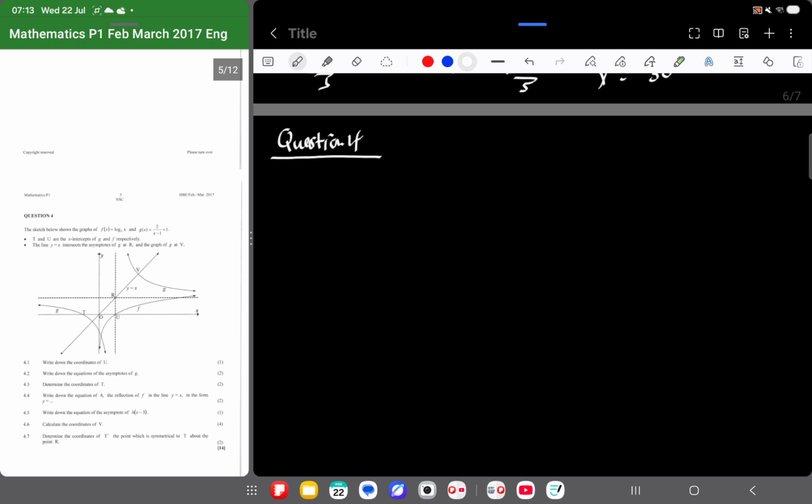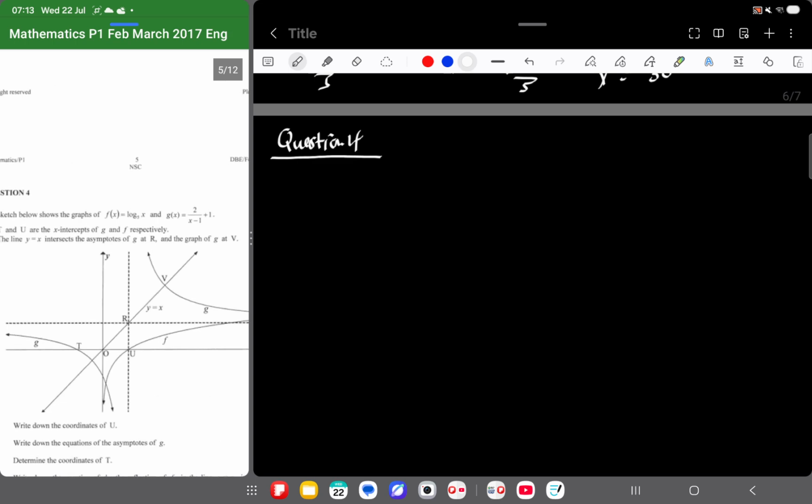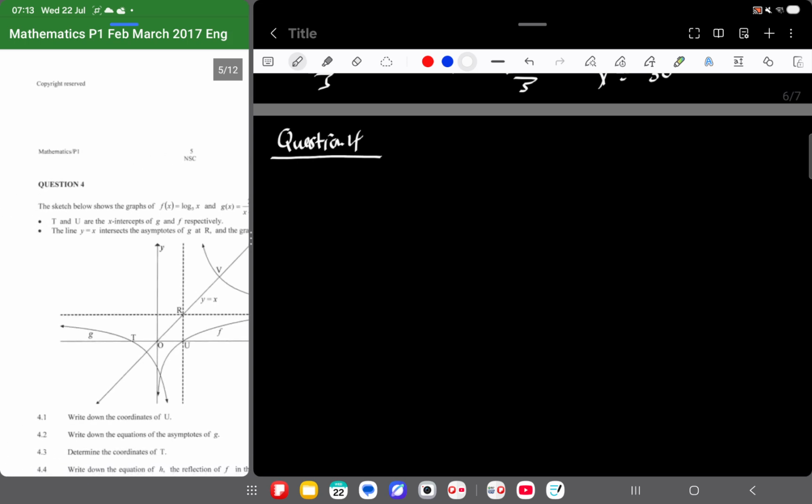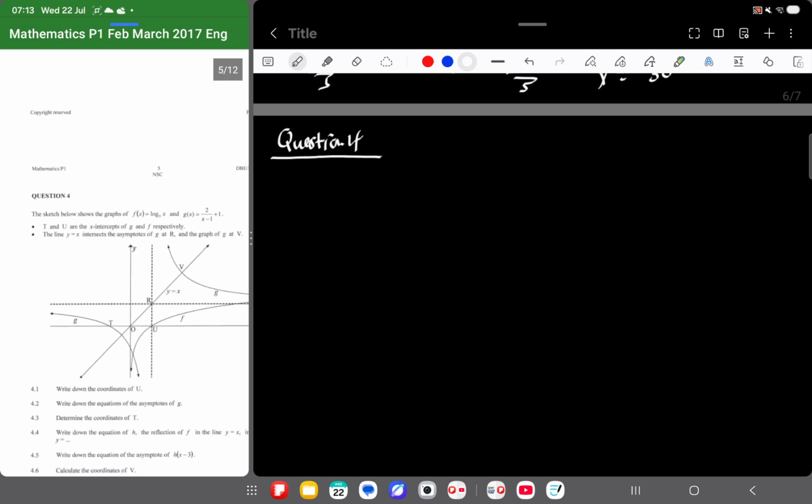The sketch below shows the graphs of f(x) = log base 5 of x and g(x) = 2 over (x minus 1) plus 1. And then you are given a few pointers there.